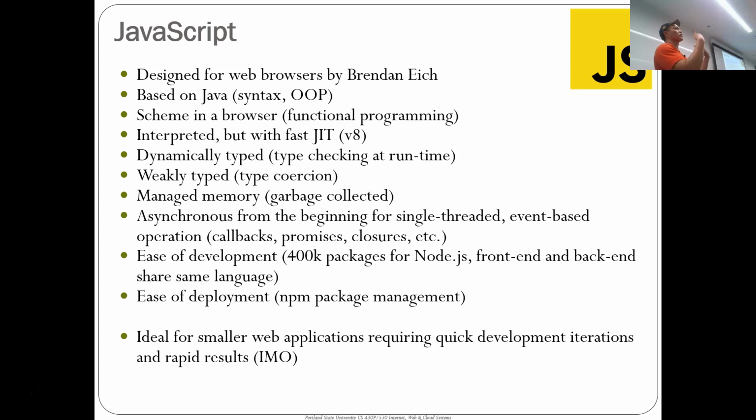It's JavaScript running on the server is what Node.js is. This is typically used for smaller web applications requiring quick development and rapid results, and that's my opinion. That's typically where developers love it because they can rapidly prototype something and ship it, and it just works. Okay.